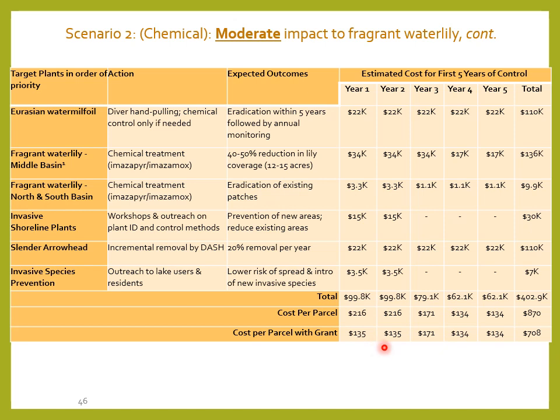A slight increase in year 3 is assumed due to higher costs in year 3 for control measures in the Middle Basin, but they would be estimated to decline again to $134 per year in the Middle Basin as those plant densities decrease. This is the most cost-effective method to achieve the highest level of lily control at the goal that's presented of 40 to 50% reduction.